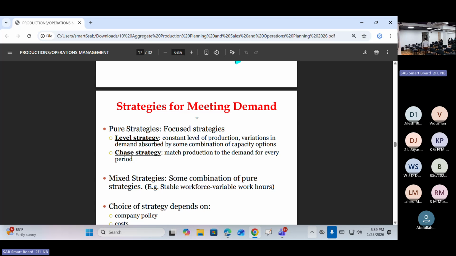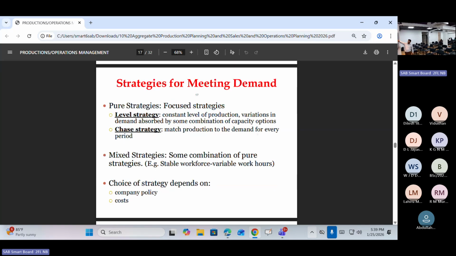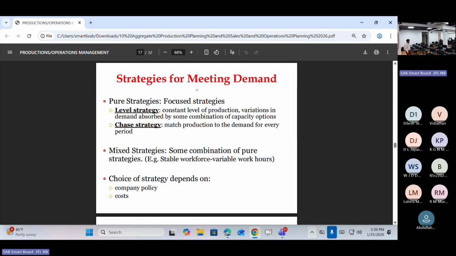So coming to production planning related options, we call them different strategies available for meeting demand, and accordingly prepare the production planning.